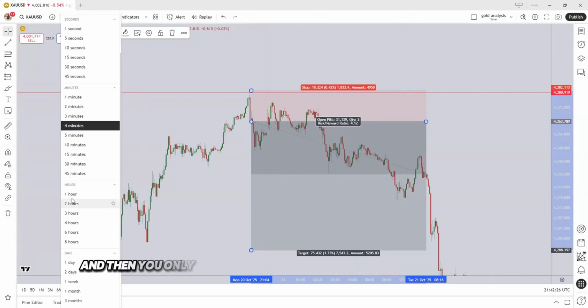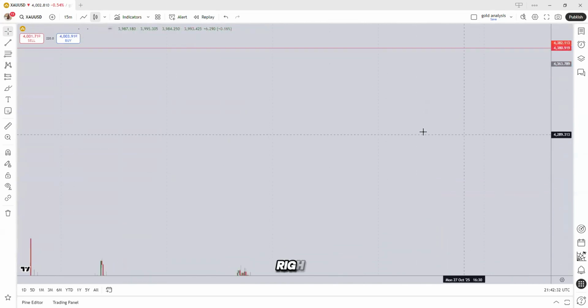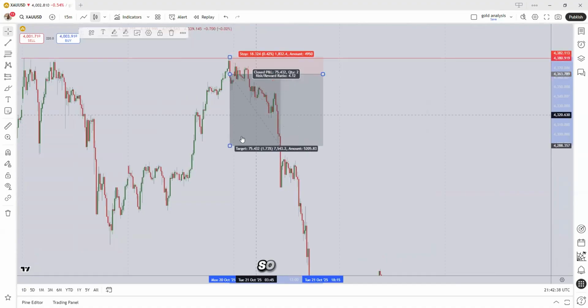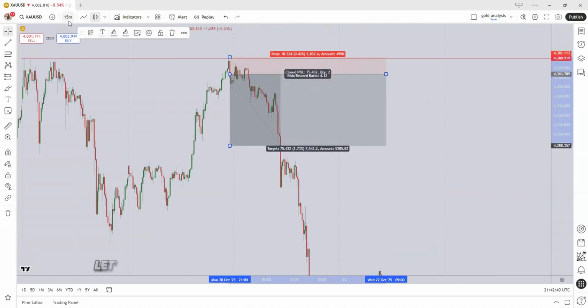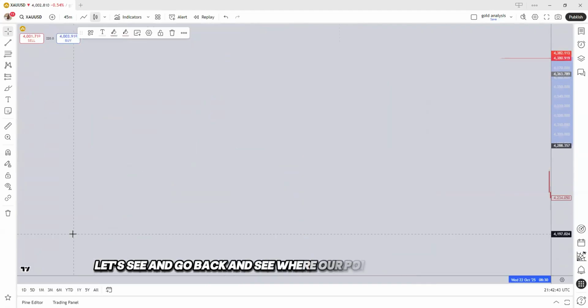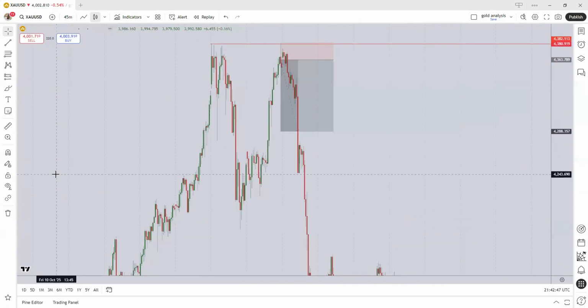You only expect it to continue selling for the day. So that's it. Let's go back and see where our point of interest should be.